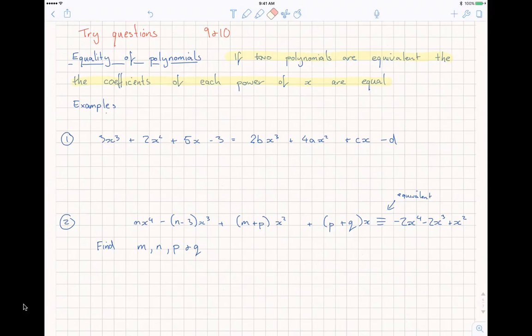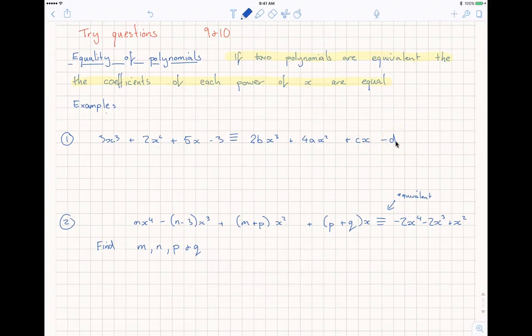So if we've got some polynomial here, and we'll use this symbol with 3 lines, that just means equivalent, then it means that the coefficients of x cubed, so 3 and 2b, must be equal, coefficients of x squared, 2 and 4a, must be equal, etc. And we can use that to find the variables b, a, c, and d.